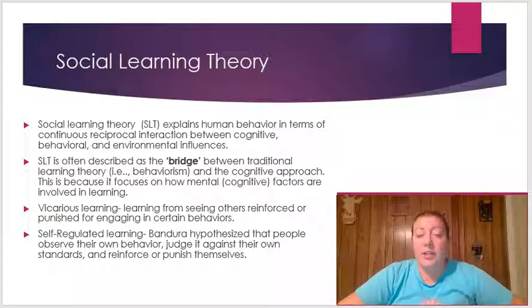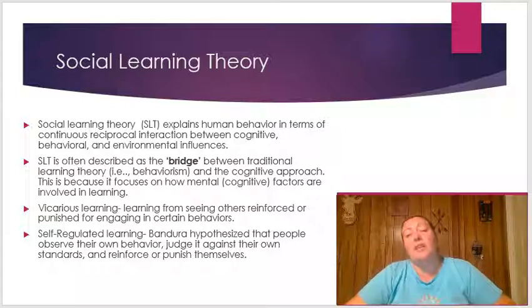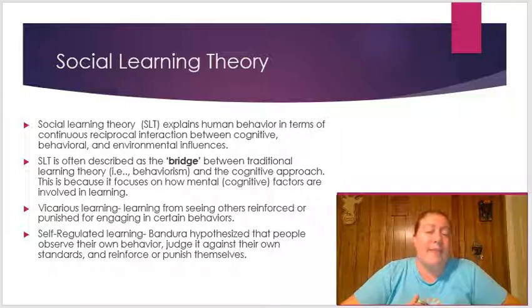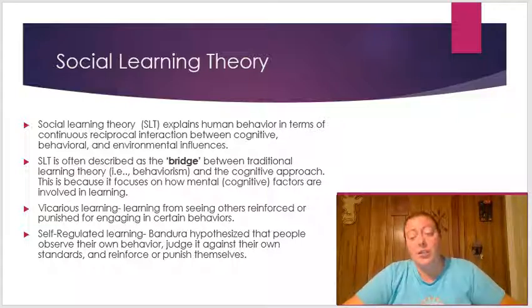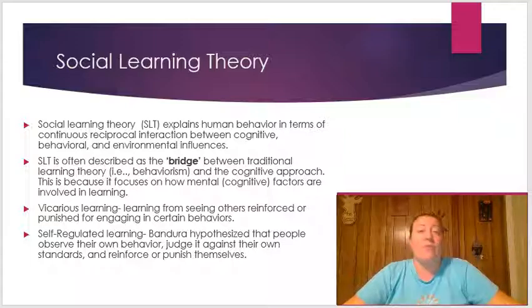In social learning theory, there is also vicarious learning, and that is learning from seeing others reinforced or punished for engaging in certain behaviors. There is also self-regulated learning, and Bandura hypothesized that people observe their own behavior, judge it against their own standards, and reinforce or punish themselves for their behavior.